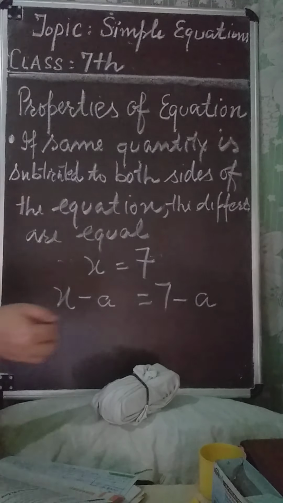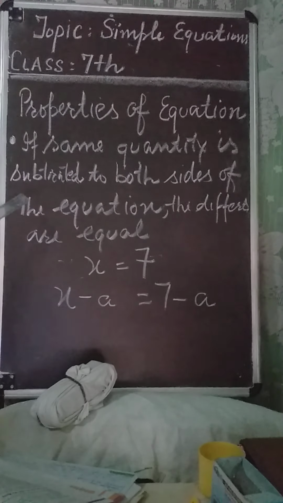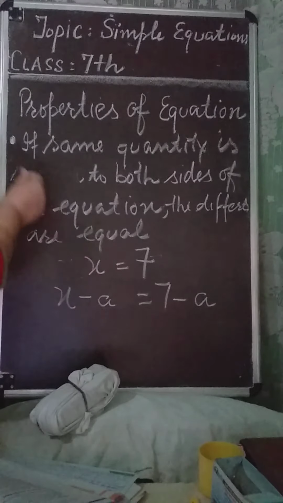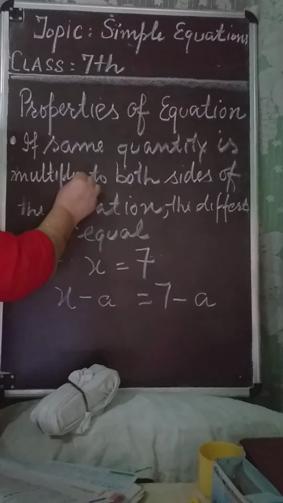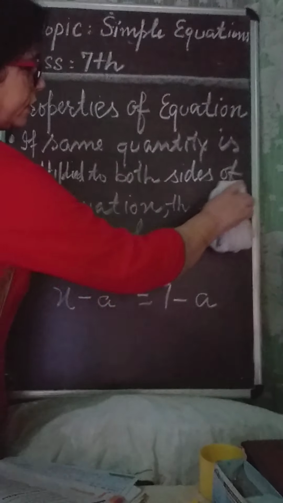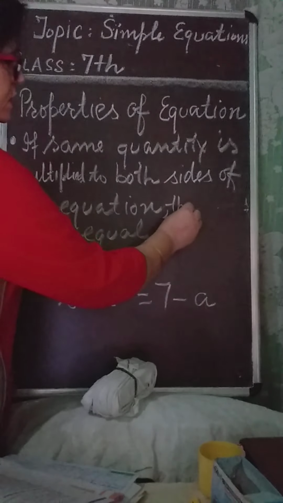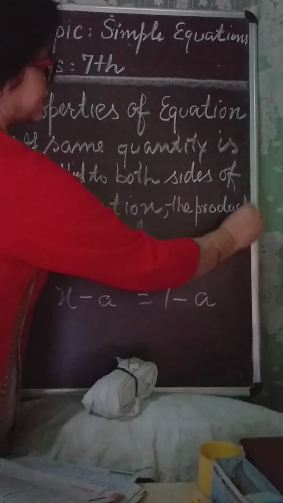Okay children, our third property is, if on both the sides of the equation something is multiplied, in place of subtracted, I can write multiplied. If same quantity is multiplied to both sides of the equation, the product, now in place of difference I have to write product, the product remains the same.